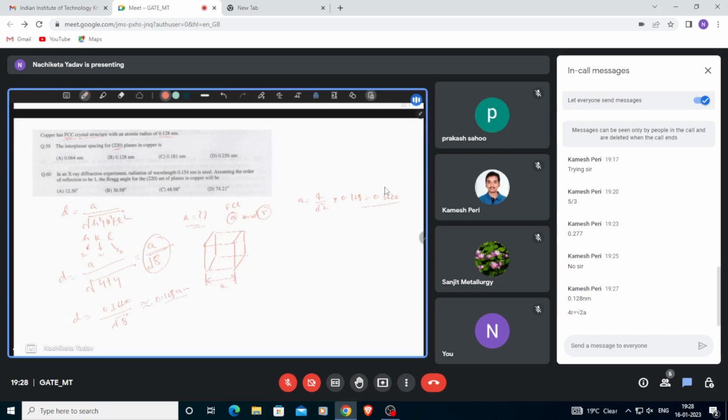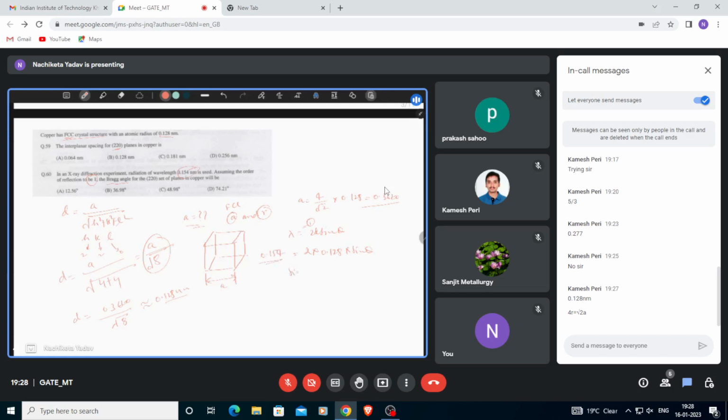And the same, we know Bragg's formula, lambda equal to 2d sine theta. Here n is 1, as we have assumed. So we know 2 into d, which we already calculated, 0.128, into sine theta, and the wavelength lambda is given as 0.154 nanometer.